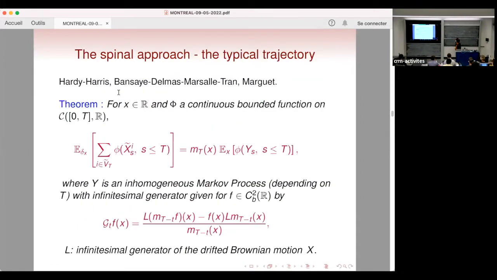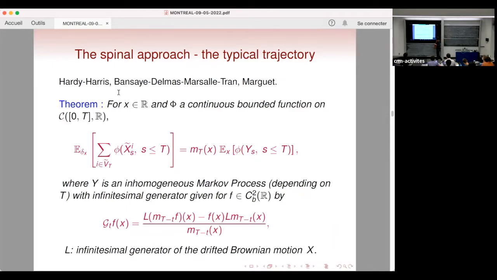But now we have another one, which is that this quantity on the left is equal to m capital T of x times the expectation of phi taken on the trajectory of some process Y. You fix an individual alive at time T, so you create a bias, because first you condition on the fact that this individual is alive at time T, and you are looking for the trajectory of this individual.